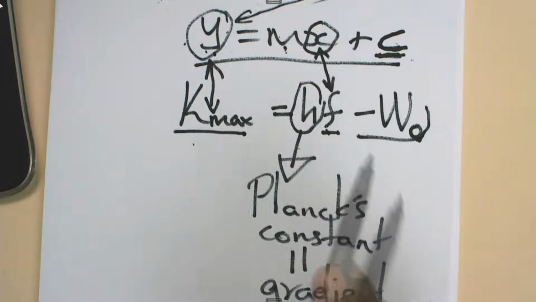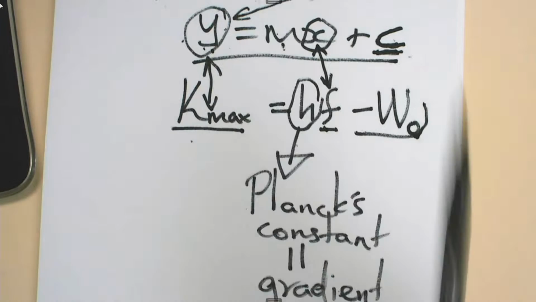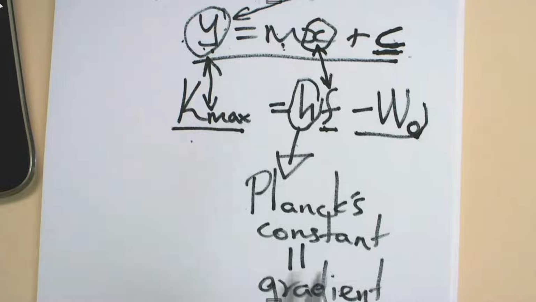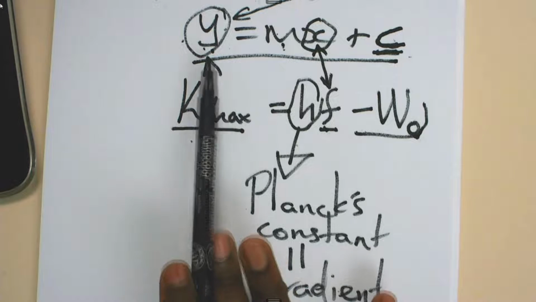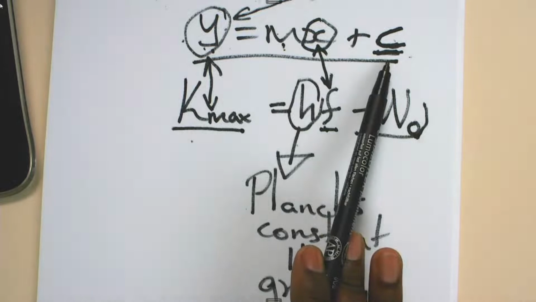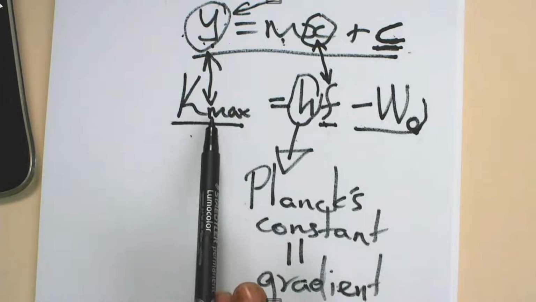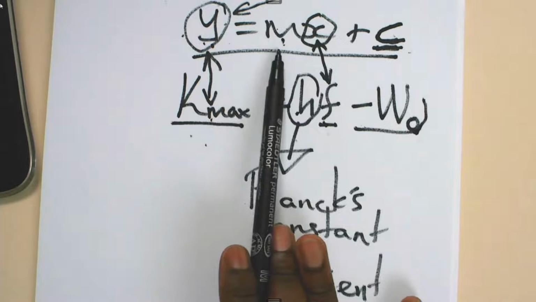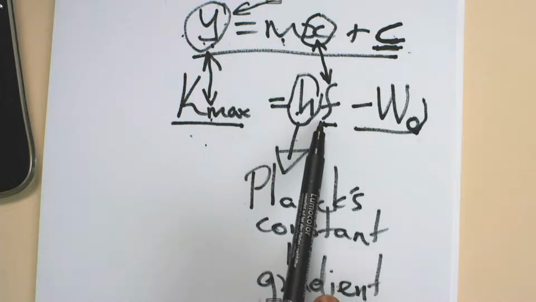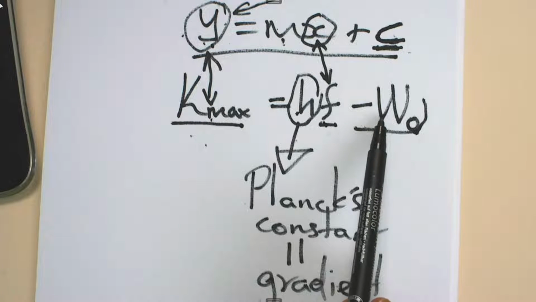If you have a graph of kinetic energy versus the frequency of the light, you need to express this in the format of a straight line graph, and then check the variables. Your y will be the maximum kinetic energy, the Planck's constant h will be your gradient according to that graph, frequency will be your x coordinates, and then this will be where our graph will cut the what?